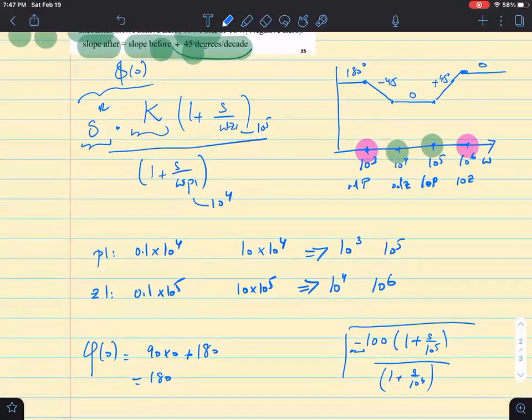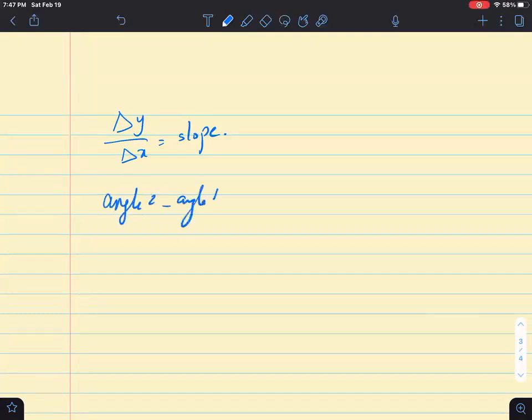So this is the slope for the phase for my system. Now, since this is in the log scale and piecewise linear, we know that we can always calculate that delta y over delta x is equal to the slope. Of course, delta y is angle 2 minus angle 1, and delta x is log of omega 2 minus log of omega 1, and this is equal to the slope.